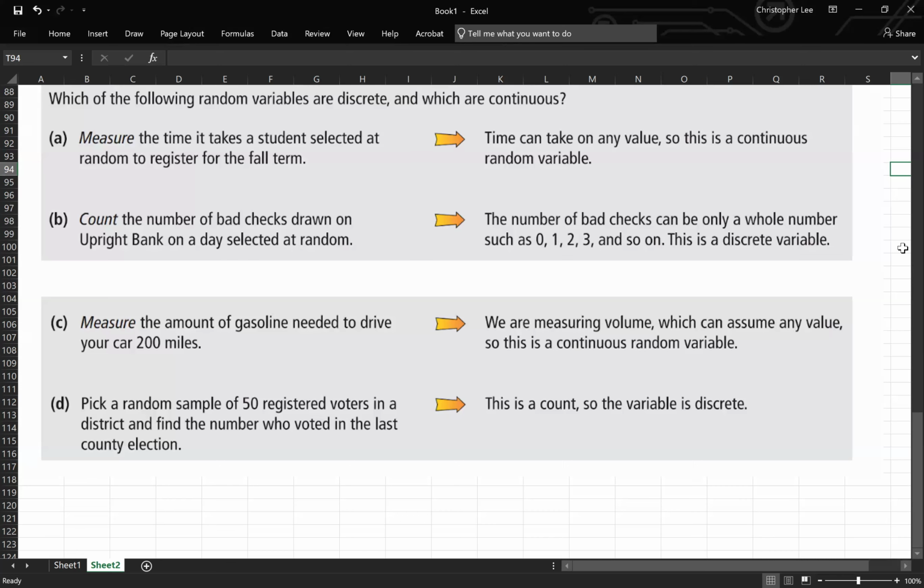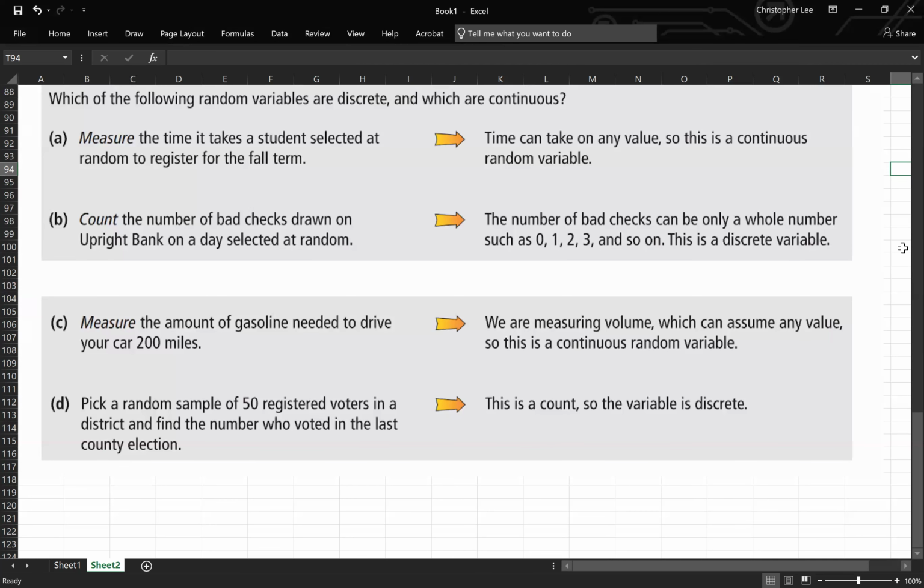All right. So real quick, let's look at this example right here. The question is, which of the following random variables are discrete and which are continuous? Measuring the time it takes a student selected at random to register for the fall semester. That sounds like it could be continuous.